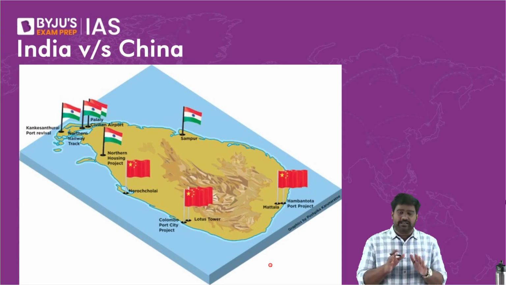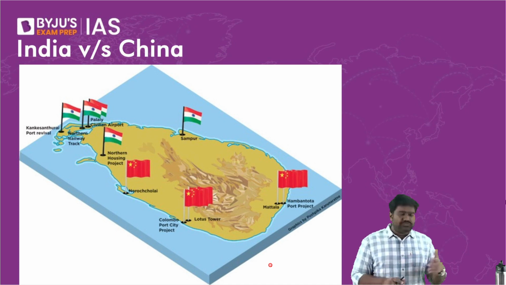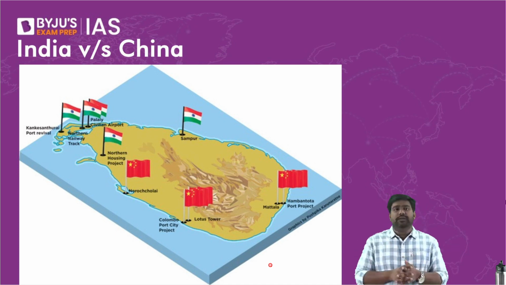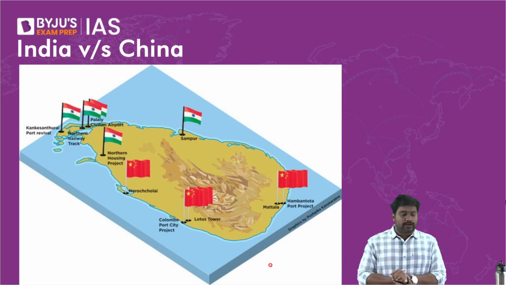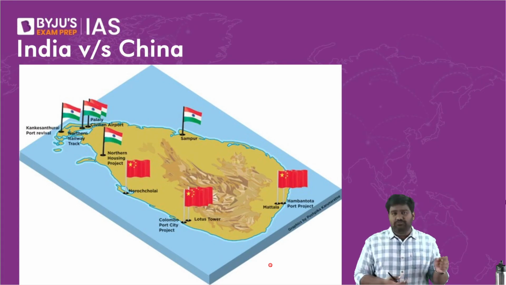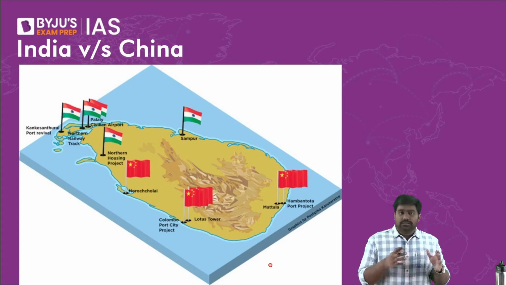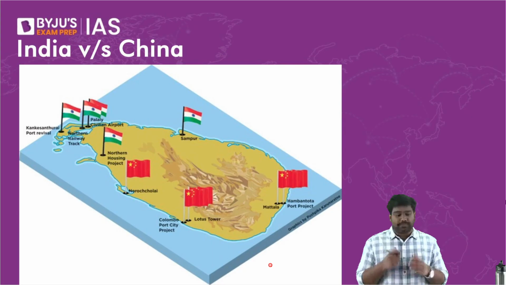This was a rumor again, it's not officially confirmed. So because of that, there were several articles in the media regarding the Kachativu dispute and the fishermen dispute. That's why I feel the topic is very, very important. All right. Even the locations I have marked, Gulf of Mannar, Palk Bay, right? Even that becomes important for your prelims, for your map-based questions.